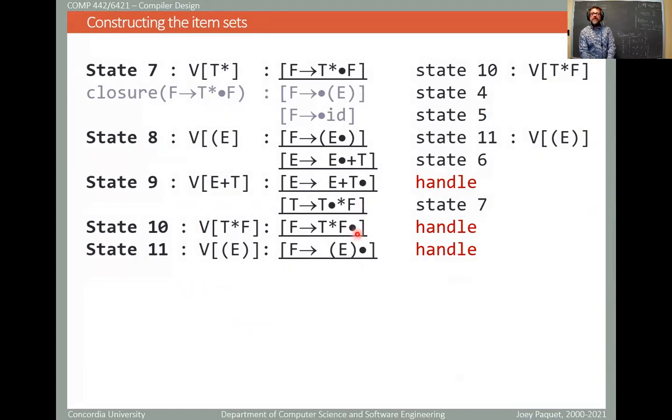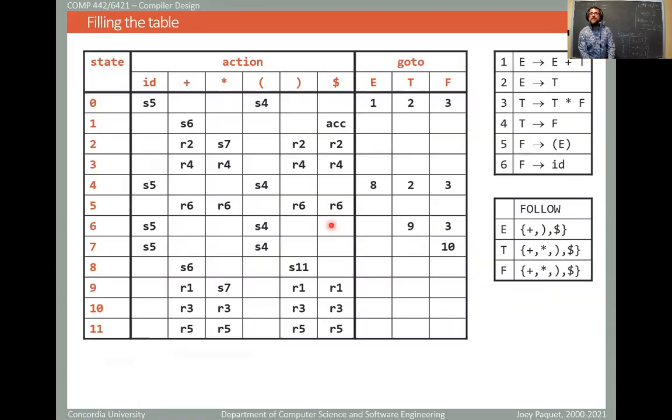Then, no, not the final one, this one here, a completed item. Follow of F is plus, star, close parenthesis, $ sign. T gives T times F is 3. So reduce 3, state 10 under plus, star, close parenthesis, $ sign.